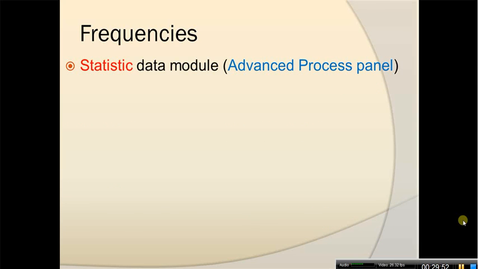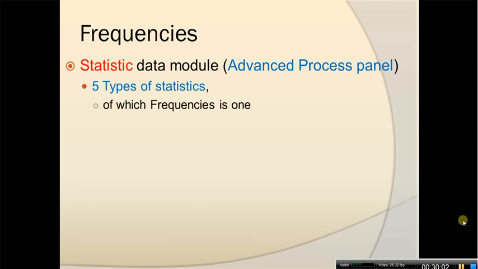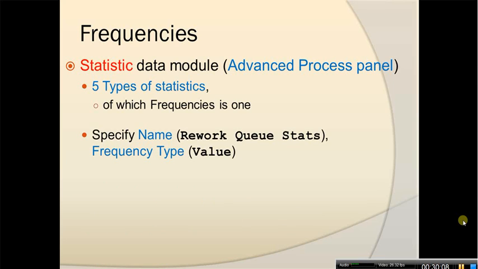So we again will use the advanced process panel. As I said, it's a statistic, so there's a statistic data module in the advanced process panel, and there are 5 different types of statistics, of which frequencies is one. So it's important that you know the types of the statistics.